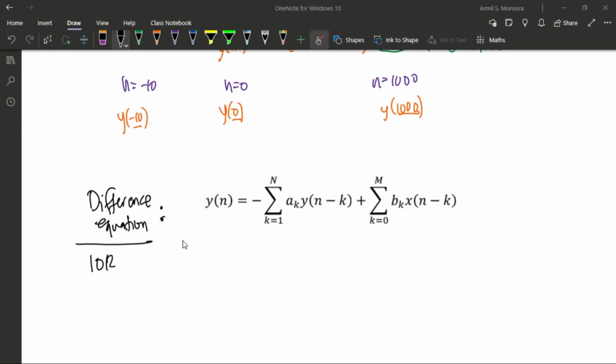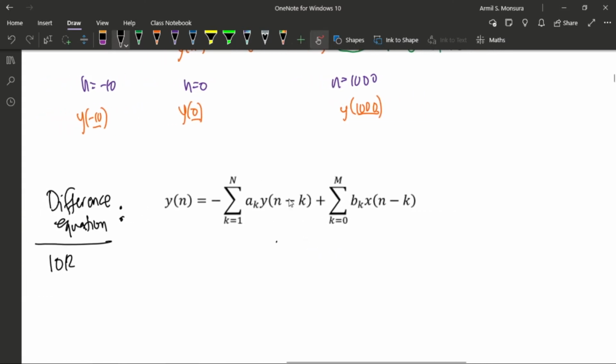And when this difference equation is linear time invariant, we place restrictions on these terms. But before that, as I was stating earlier, what you see on the left side is of course the output sequence. It is always isolated.